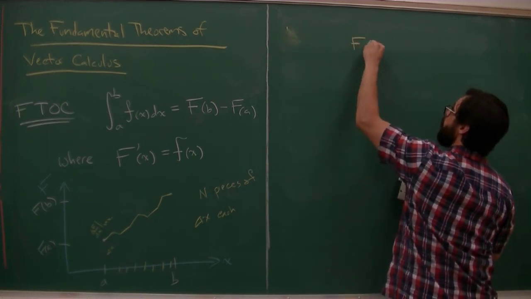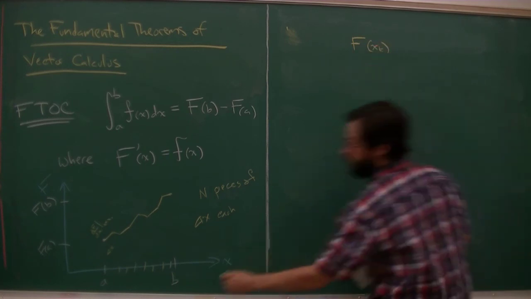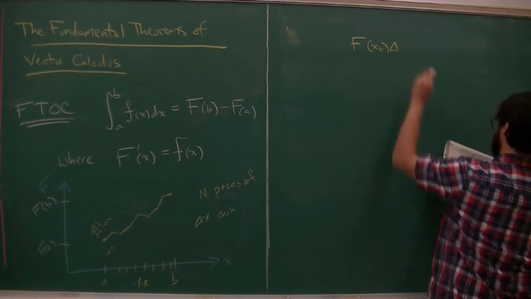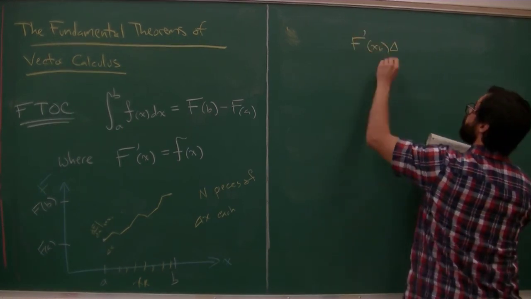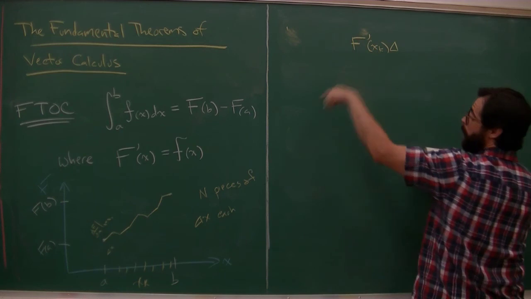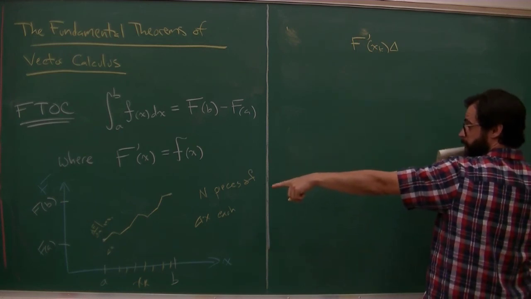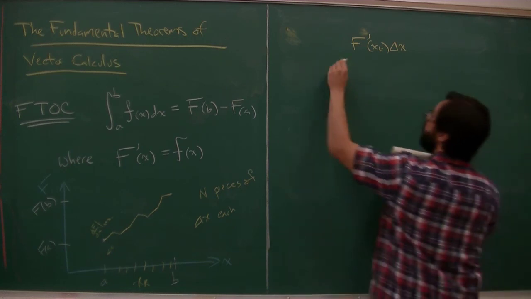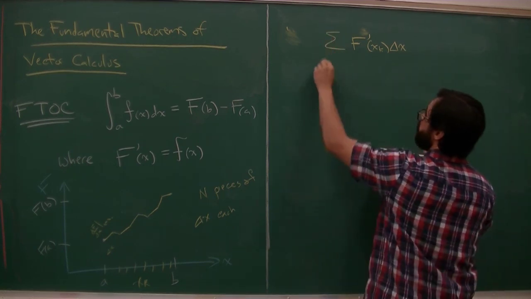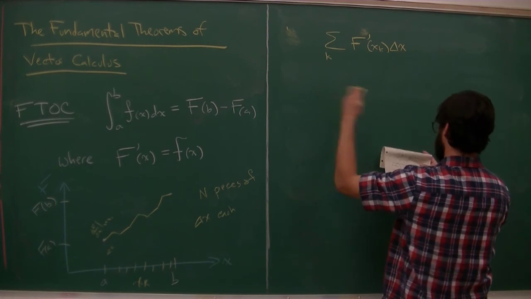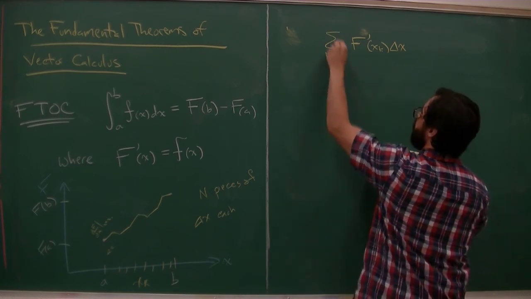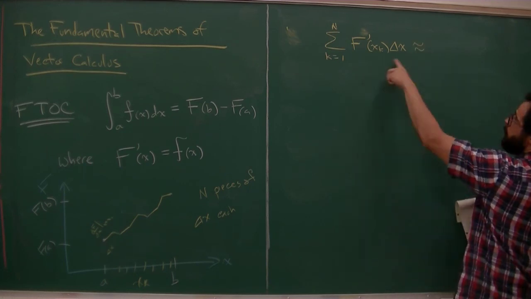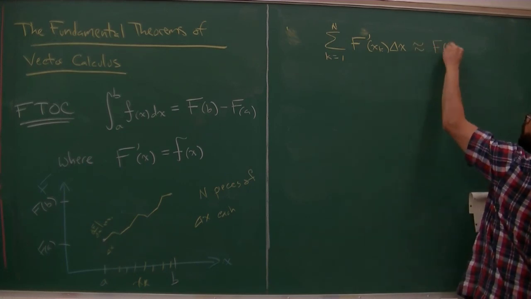So I take f prime at each x_k, its derivative. The prime in single variable calculus is just slang for df dx, times delta x. And then I've got to add them all up, k goes from 1 to n. Okay, so this is an approximation of how I get from A to B.